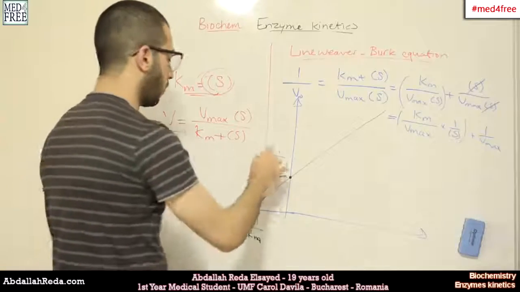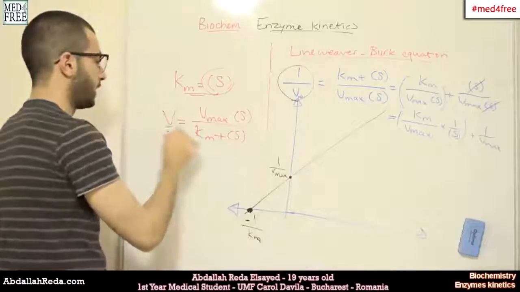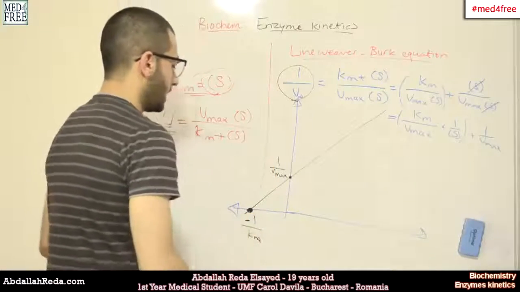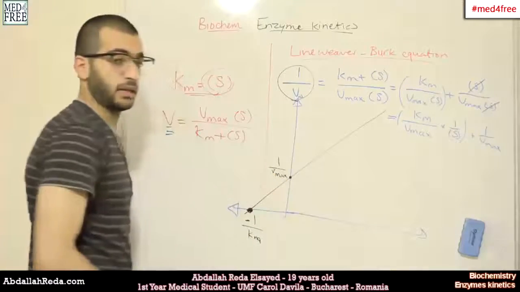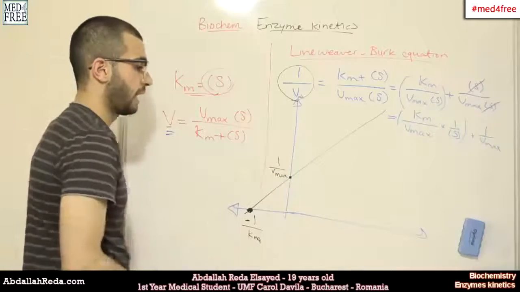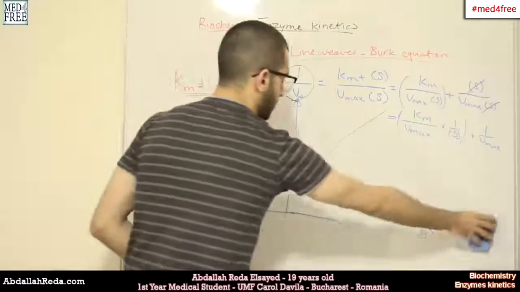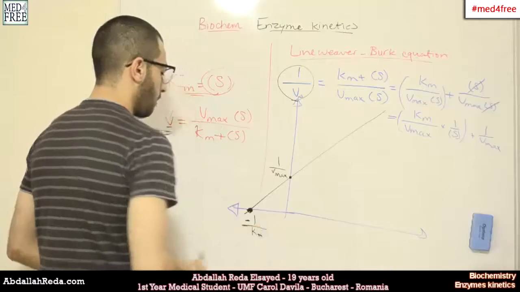We wrote 1 over and 1 over because this is 1 over V naught. This is not just V, it's 1 over V. So this is 1 over Vmax, and this is -1 over Km because it's on the negative side. This is the positive side, and this is the negative side. And of course this is much easier to plot because it's linear.